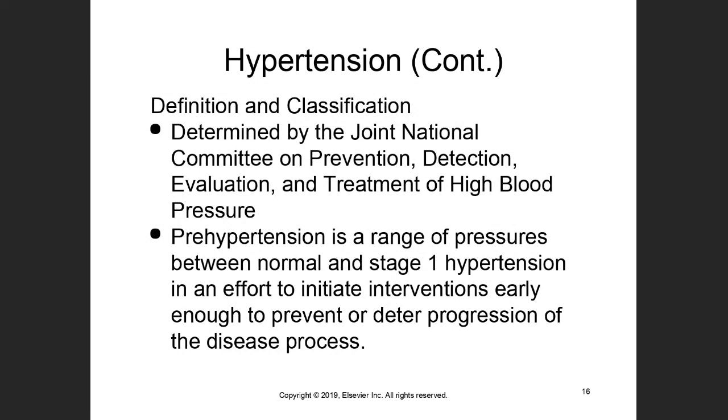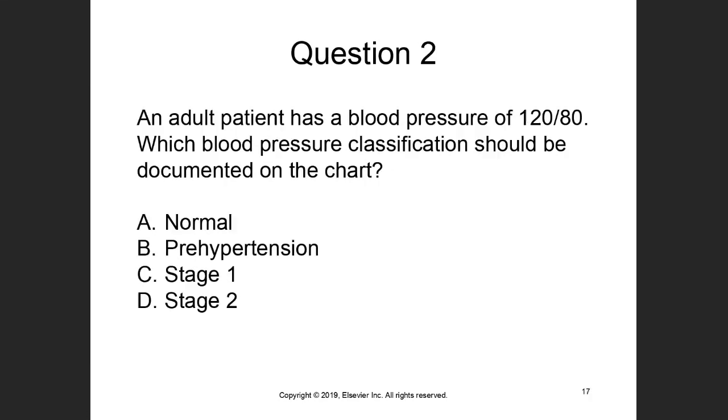Then you have stage 1 that is at 140 and 90, stage 2, 160 and 100. And then we have two more types of hypertension, that is emergency hypertension and urgency hypertension. So I think we covered that later on the slide. Here we have a question. An adult patient has a blood pressure of 120 over 80.